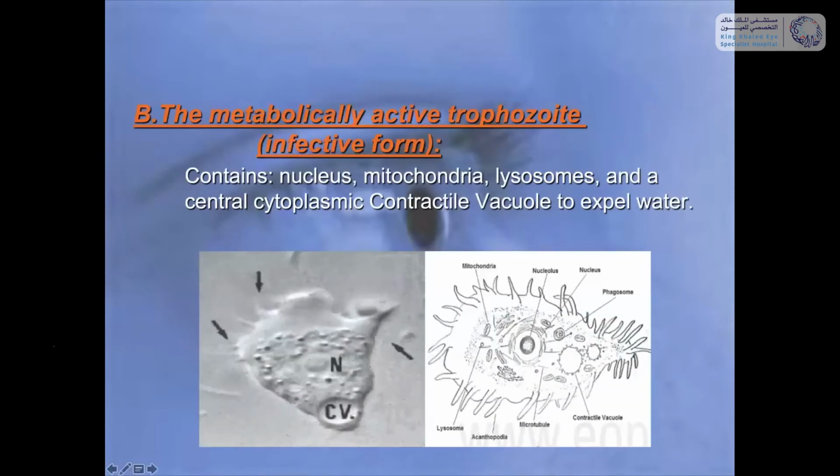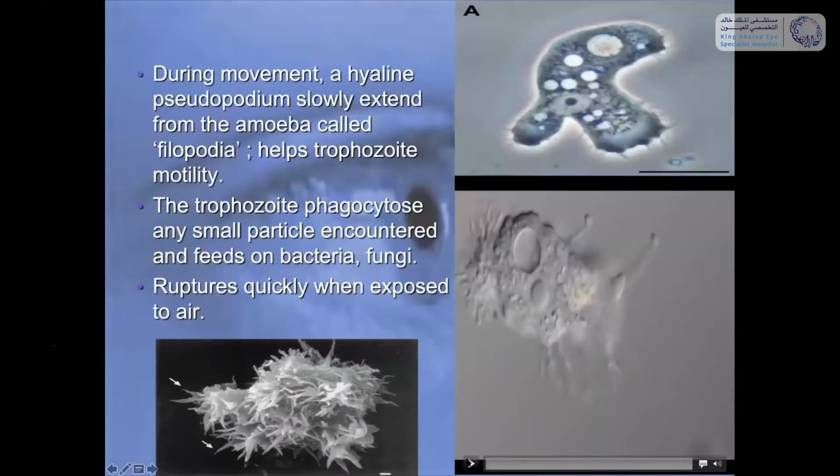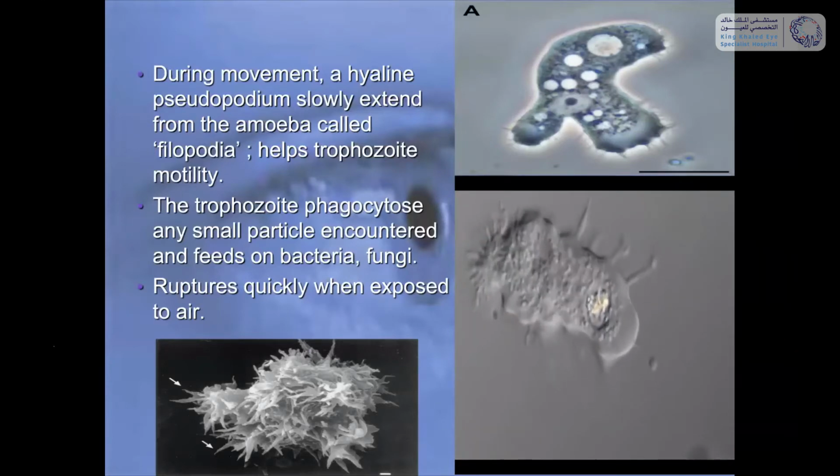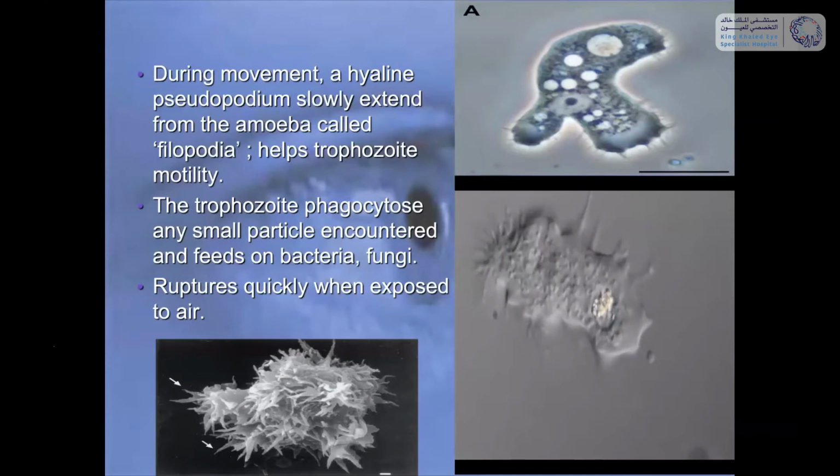What about the active trophozoite? The active trophozoite contains a nucleus, mitochondria, lysosomes, and central cytoplasmic contractile vacuoles. As you can see here, there are contractile vacuoles in the trophozoite body, which expel water. As you can see here, this is the trophozoite while it is moving; the hyaline pseudopodium slowly extends from the amoeba.